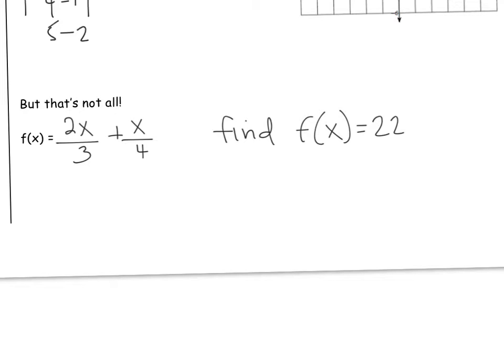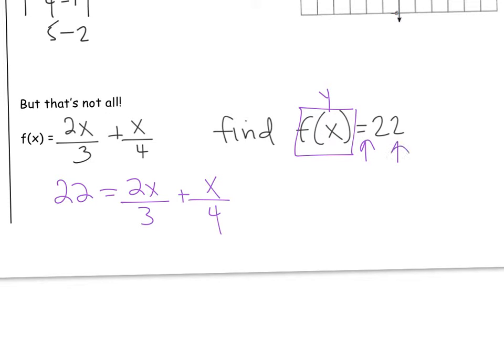Isn't that weird? They're giving us y. Find the x value when y is 22. How do we know y is 22? Well, we know y is 22 because they're saying f of x, which is y, is equal to 22.